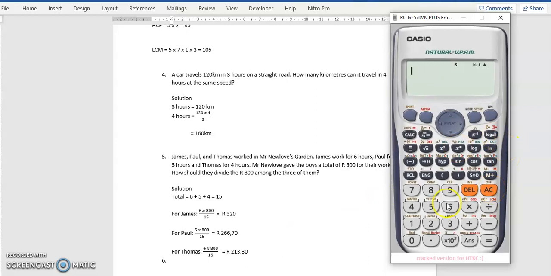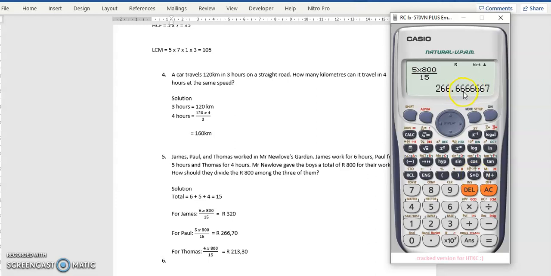This is going to give us 5 times 800 divided by 15. What does it give us? If I press this, I'm going to have 266 rand. This one is 666. If I press it again, it's 666.